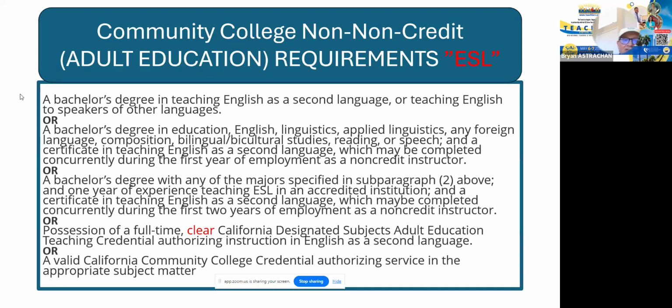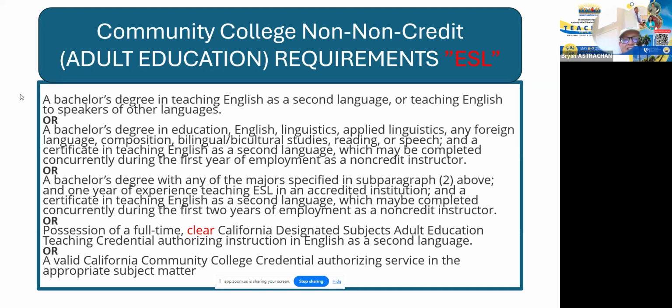It says, or a bachelor's degree with any of the major specified in subparagraph 2 above, and 1 year of experience teaching ESL in an accredited institution. So that could be an adult school. And I've even seen people who work at the library that have been able to show that they were teaching English as a second language at a city or county library.